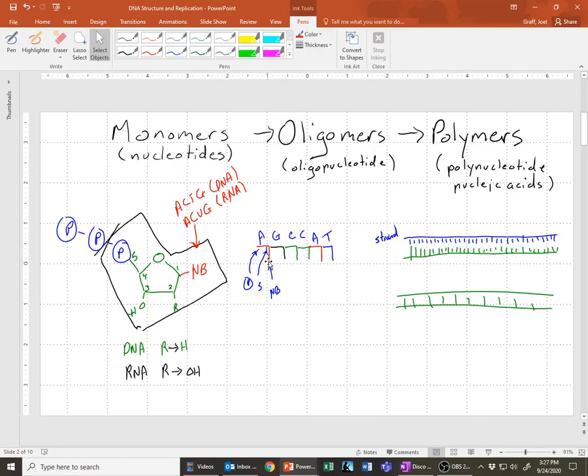So these branching points here would be the nitrogenous bases, out here on the branches. And then the sugar would be right where the L bends. And then the phosphate would be right here.